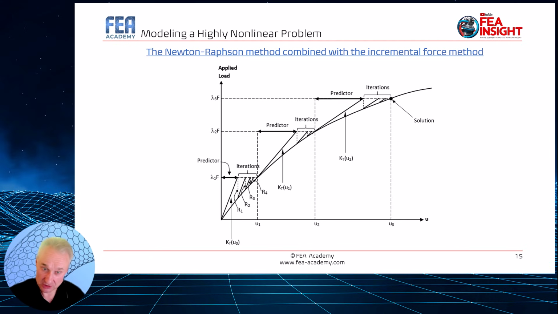The tangential stiffness matrix is calculated at the beginning of each load increment and is unchanged for each iteration in the load increment, unless a potential divergence is detected. So if a divergence is detected by the solver, the tangent stiffness matrix update can be forced, okay? And this allows the iterative process to continue.